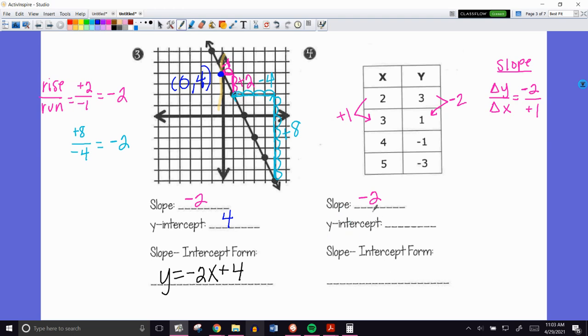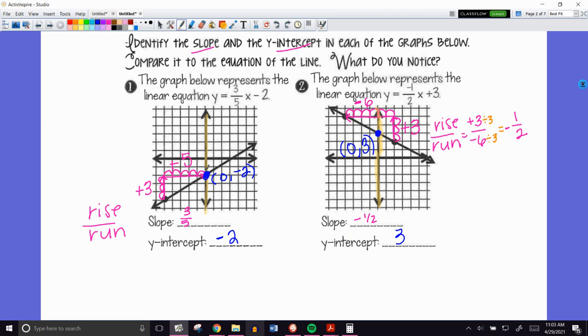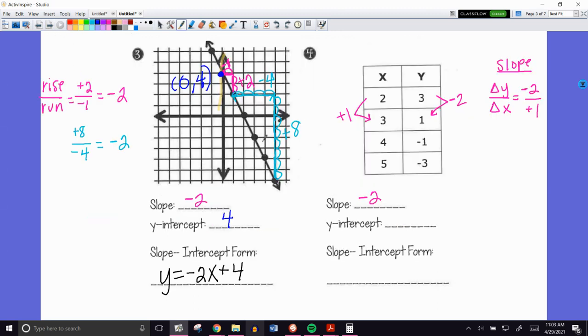So now when I go to find my y-intercept, if I look at my previous 3 examples, every time I found my y-intercept, it was the coordinate 0 and then the number it crossed at. So what I need is to get 0 in my x column, okay? So instead of adding 1, I'm going to go backwards. If I go from 2 and subtract 1 because I'm going backwards, that would give me 1.